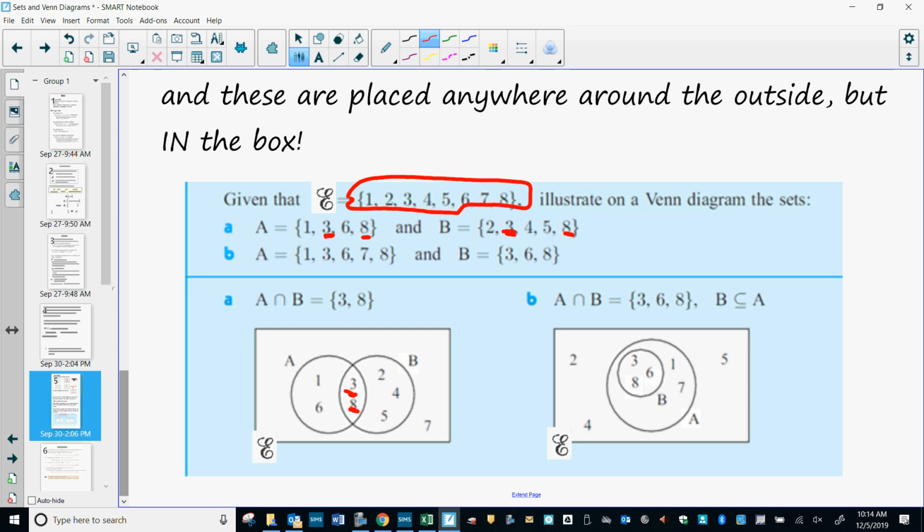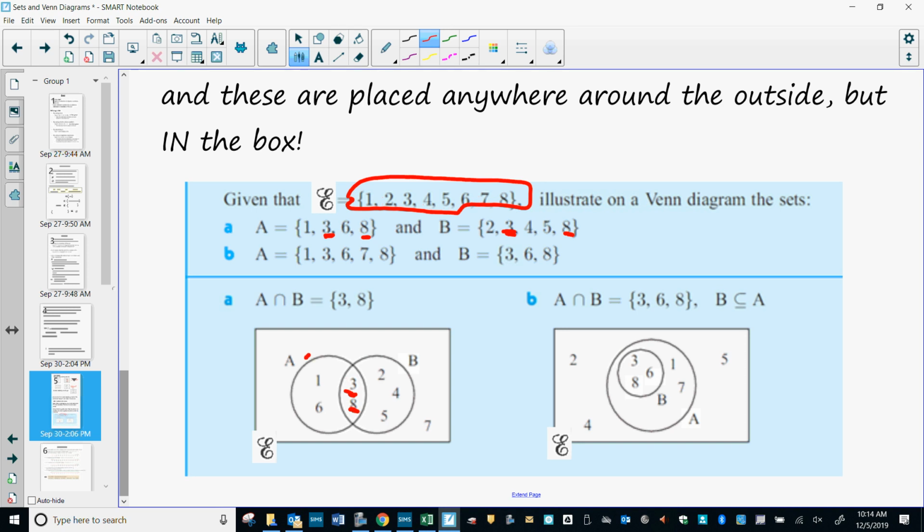Does that make sense? I've labelled one circle A, one circle B. The labels normally go at the top. Then you put the remainder of the numbers in each of the circles. I'm missing 1 and 6, so the 1 and 6 go in the outside part of A's circle.